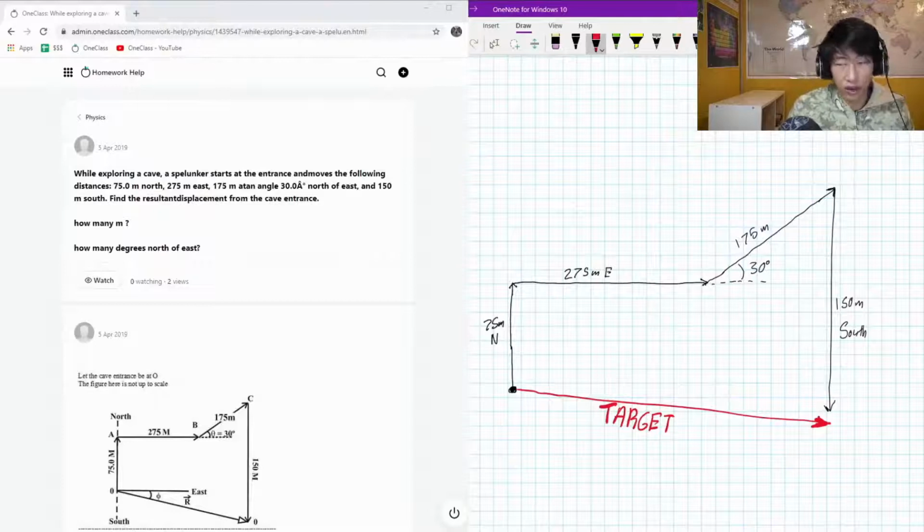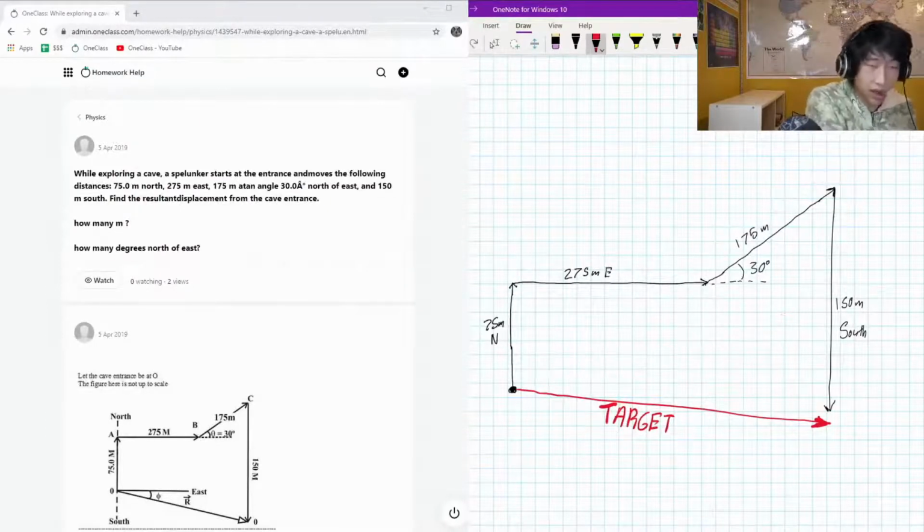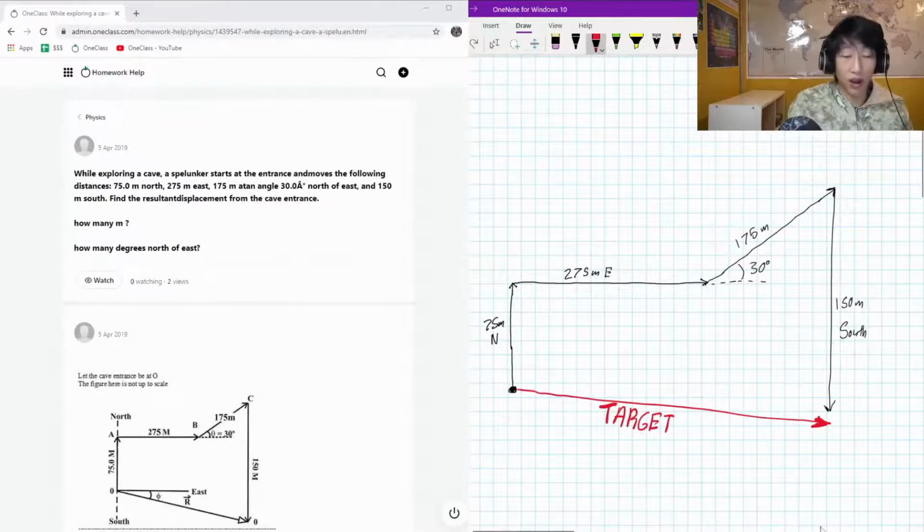Now, from the way that I drew this, it looks like the target is going to be southeast, but that could just be my drawing errors. So keep in mind that these are not necessarily to scale. It could also be pointing this way, depending on how to scale your drawing is. But this is the general gist of it.